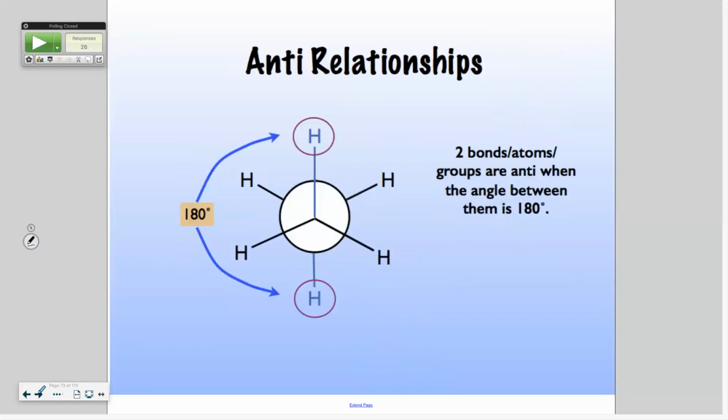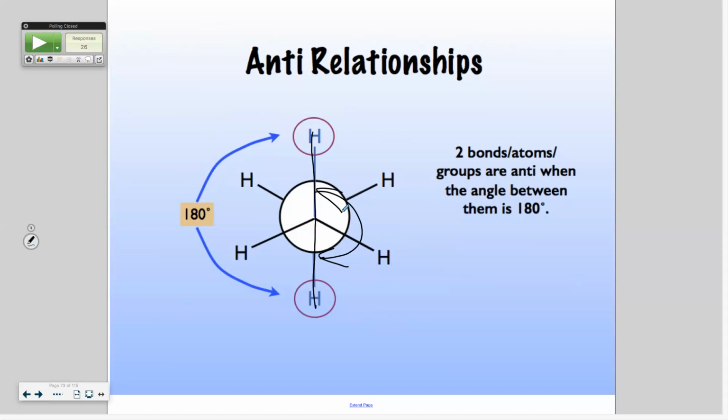If the hydrogens are 180 degrees apart from each other, you see how we got that? We're taking this whole deal, and that is 180 degrees. So you've got one on the top and one on the bottom. That would be these two.